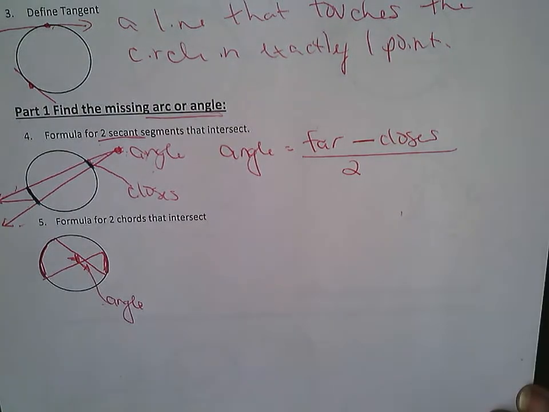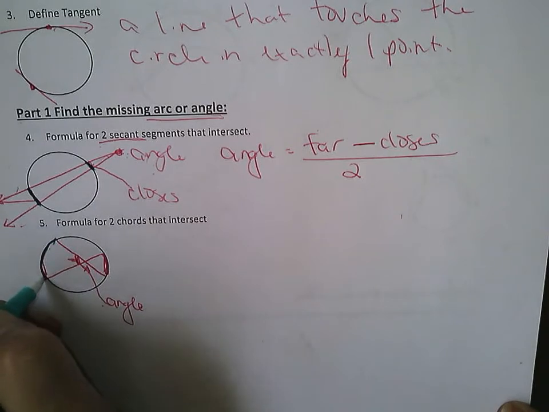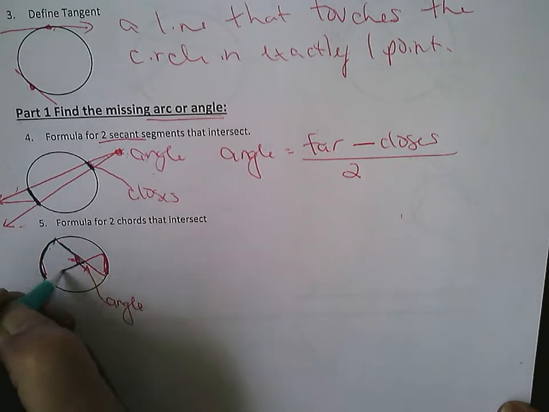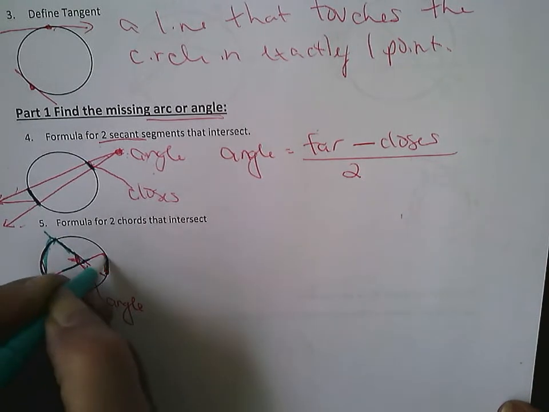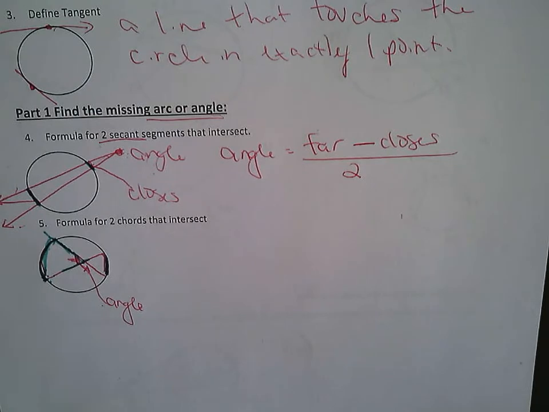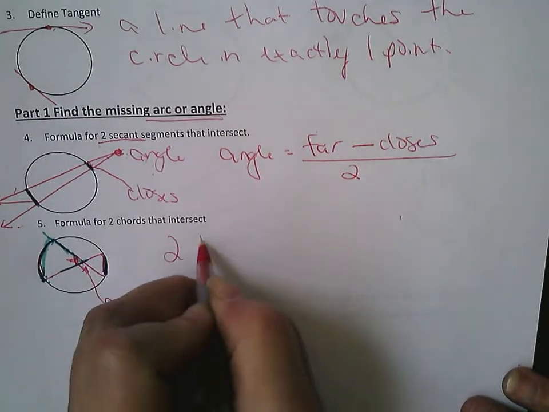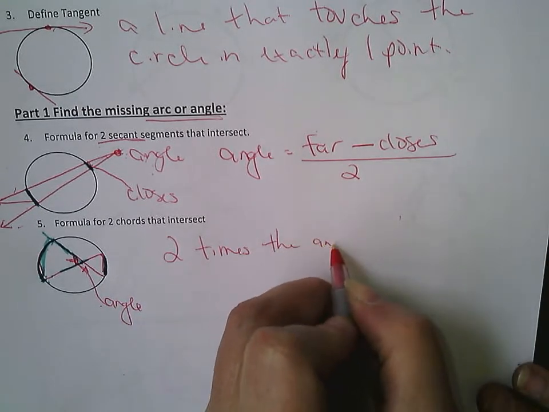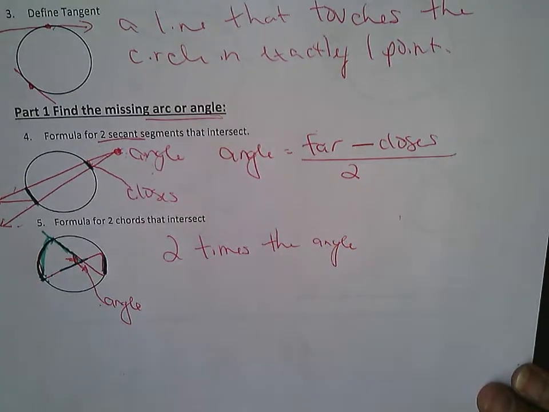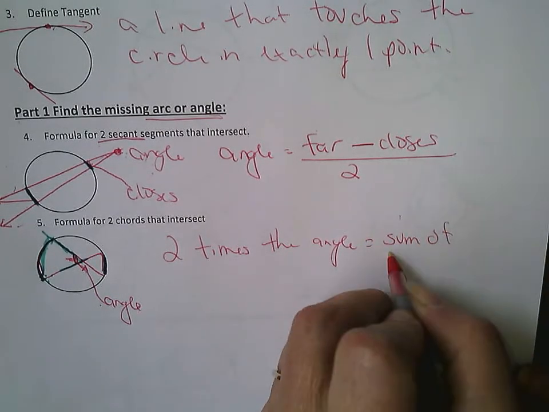You can say back and front, or near and far. So this is our arc, it cuts right through here, and this is the pizza slice we're interested in. The way we talked about it in class, it's two times the angle measure, and these are all in measures, not arc lengths, equals the sum of the arcs.